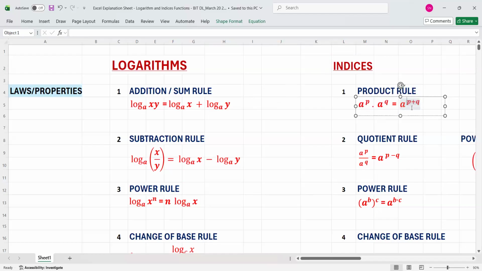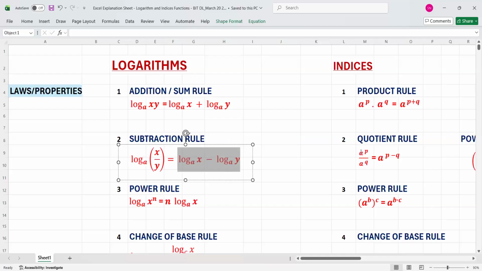So multiplication goes with addition. Then the subtraction rule says that when you have the log of a number divided by another number, then those logs can be subtracted from each other. Log(x/y) becomes log x - log y. Okay?